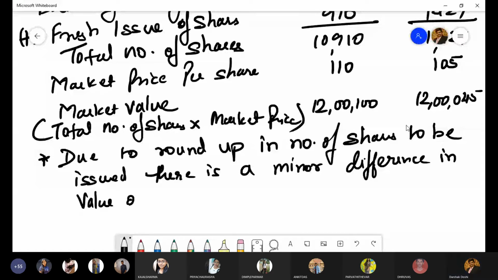Yes. Can I say that we have proved that whether dividend is declared or not declared, the market value remains the same.